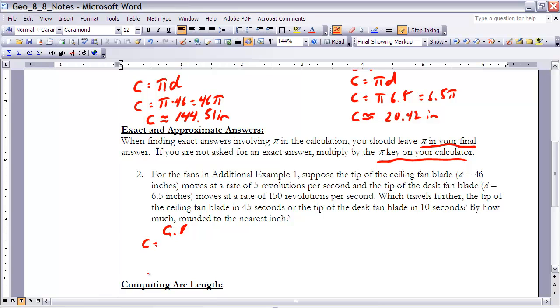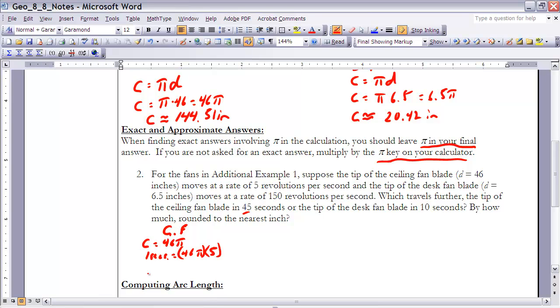Notice how I'm using the exact value here because I don't want to use an estimate in my calculations. Now I want to figure out how far it's going to go in 45 seconds. Well, I know in 1 second it's going to go around 5 times. So in 1 second it's going to be equal to 46 pi times 5.